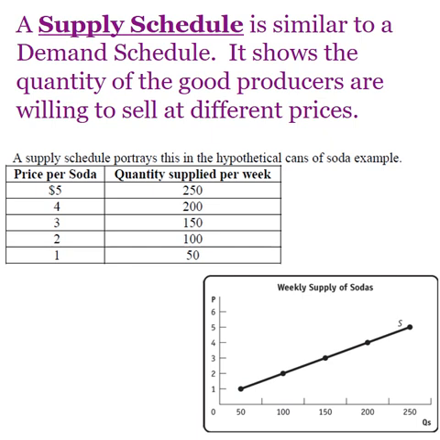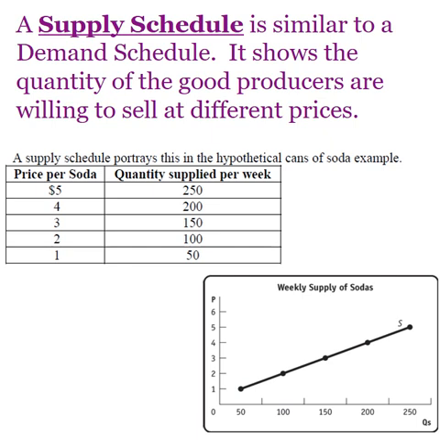We saw demand schedules in Module 5. Supply schedules are very similar. They're both going to be a table that shows us prices, but because it's a supply schedule, the other column will show us the quantity supplied.